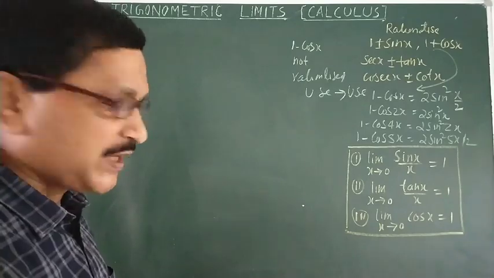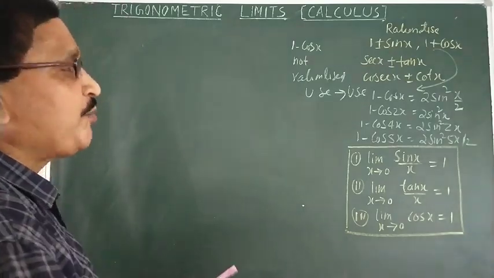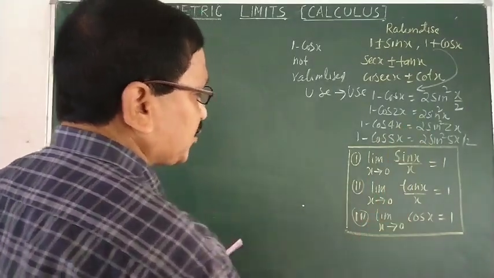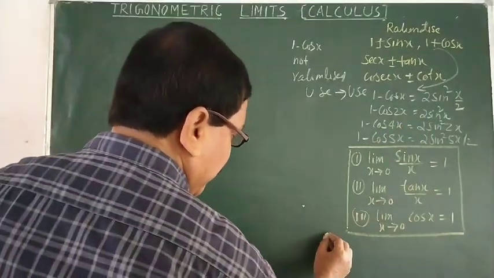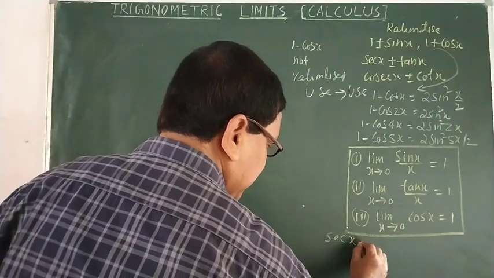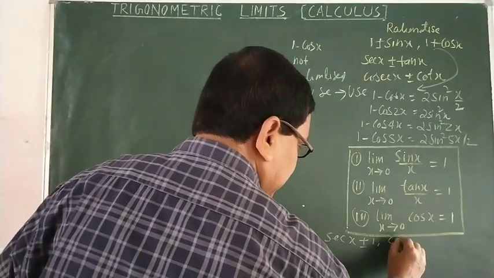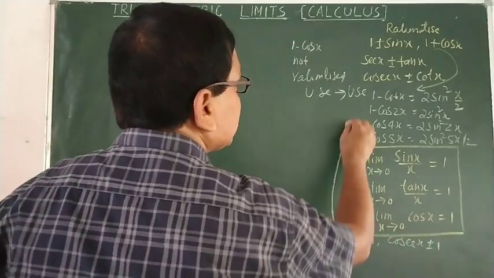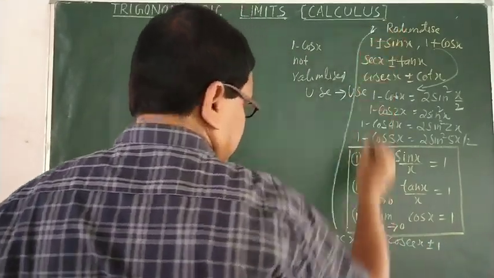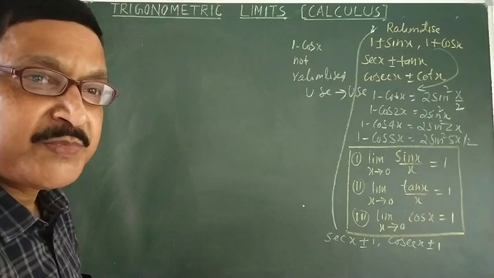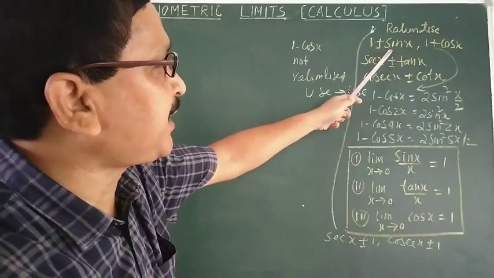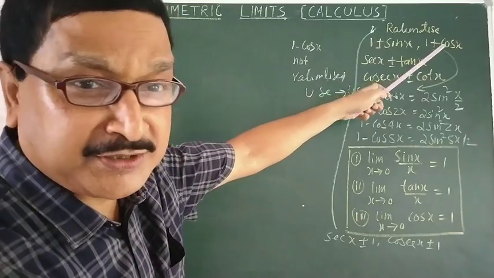So in the list of rationalization you can add 2 more things: sec x plus minus 1 and cosec x plus minus 1. You can rationalize these also if required. But only 1 plus cos x is rationalized.